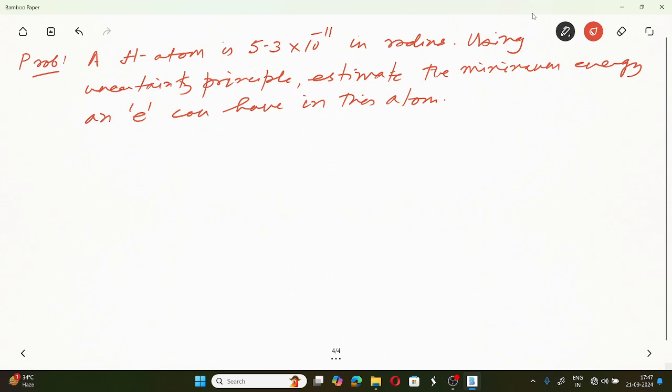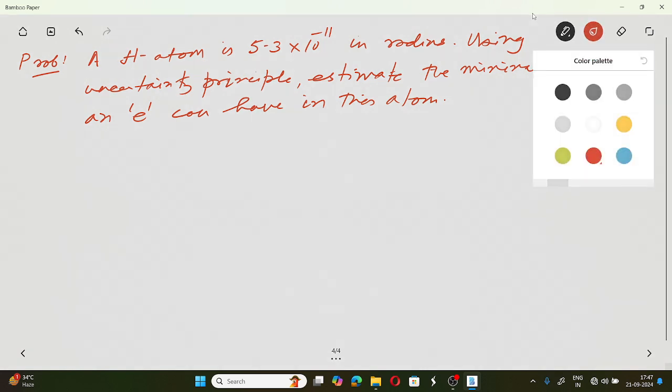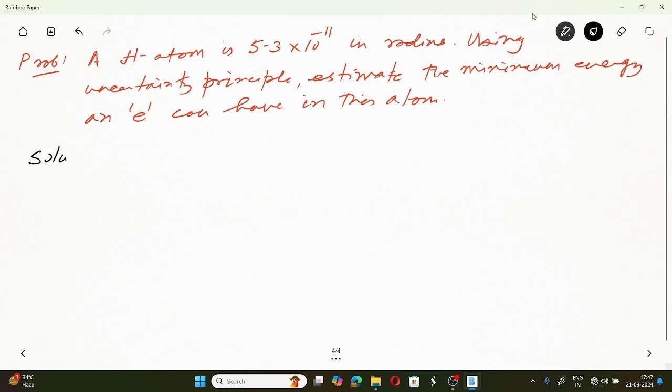Okay, so let us solve this. So what are the informations provided? Hydrogen atom, this radius is given to be 5.3 10 to the power minus 11 meters.